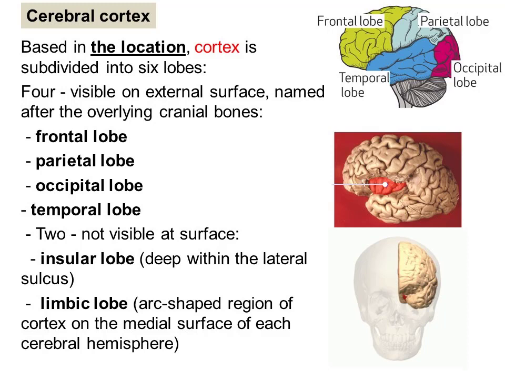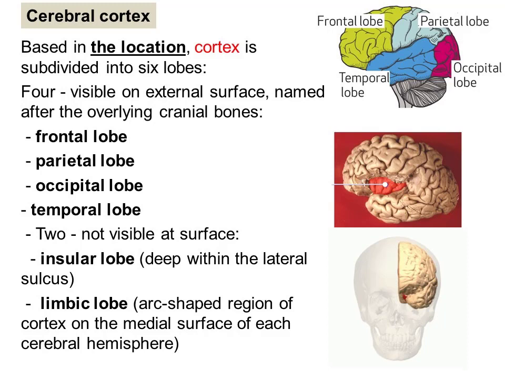Because man, if you've got a headache right here, what's that location? What do we call that? Our temples. That's why we call this our temples, because that's over the temporal lobe. Then sort of at the top toward the back, we have the parietal lobe, and the very back, we have the occipital lobe. And again, we're looking at one hemisphere, but understand this is bilaterally symmetrical, so it's the same on both sides. All right?